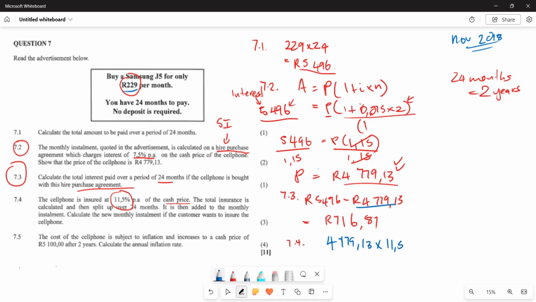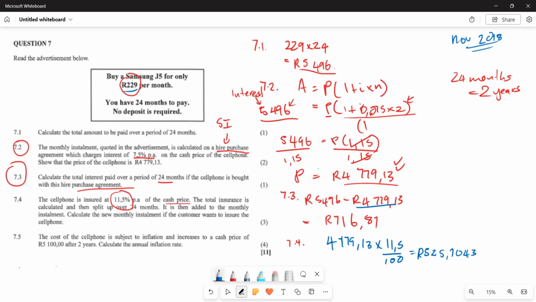You're going to say 11.5 over 100, the percent of it, and see what you're going to get. So 4,779.13 multiplied by 0.115, and the value that you're going to get is basically 525.7043. That is the money that you're going to get.